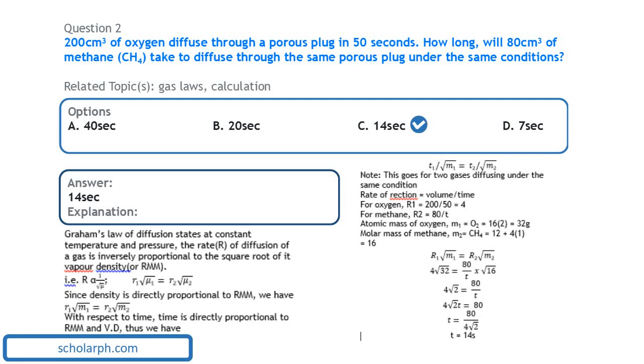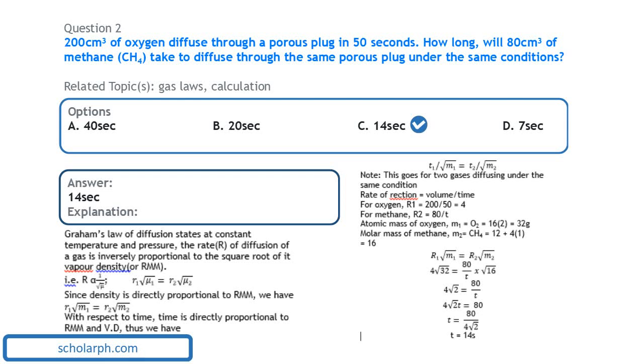The mu here represents the vapor density of the gases, that is, of gas 1 and of gas 2. Now, since the density varies directly as the relative molecular mass, we can simply replace this with molecular mass. So instead of using rate and density, we'll be using rate and molecular mass.